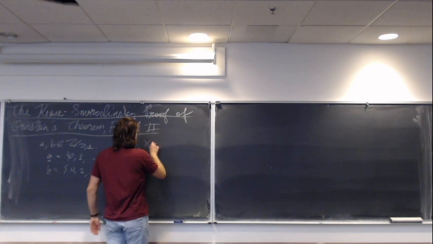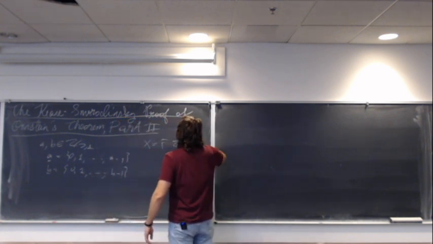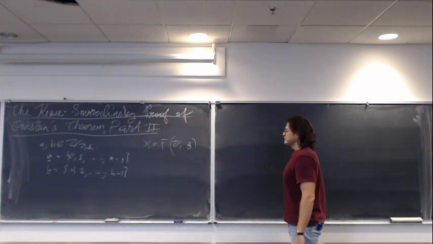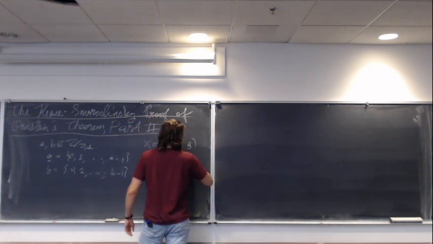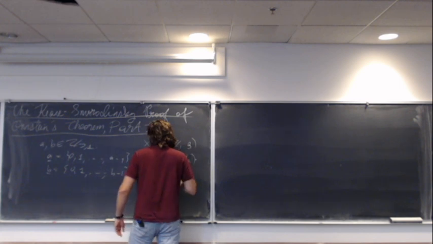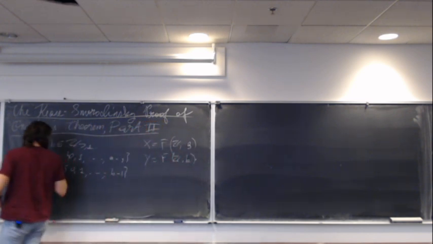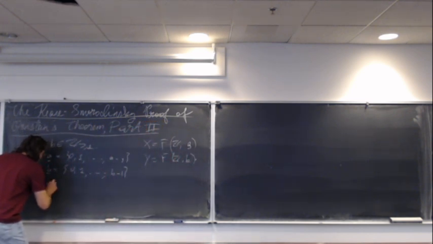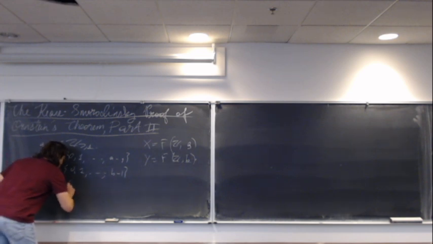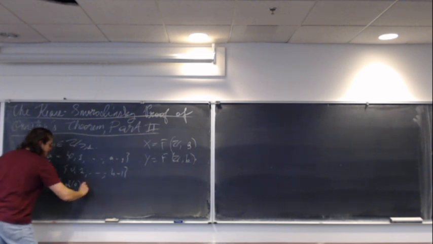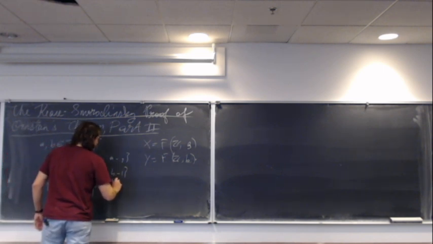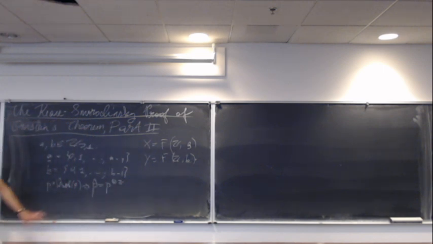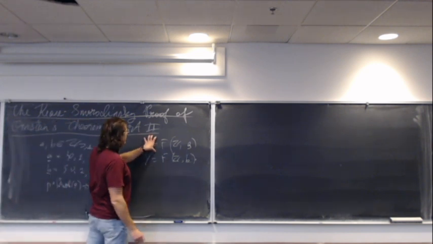And then I have X, which is the set of bi-infinite sequences that can be written using symbols from A, and likewise for Y. If I have a probability on A, let's call it P, then let me denote by P hat the product measure defined by it. So this is a probability measure on X.